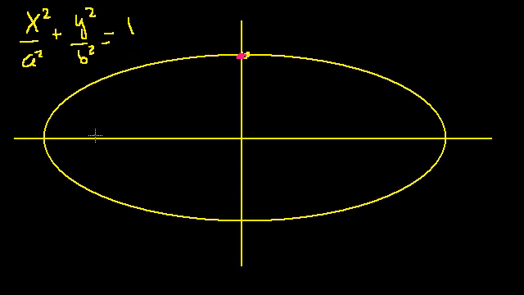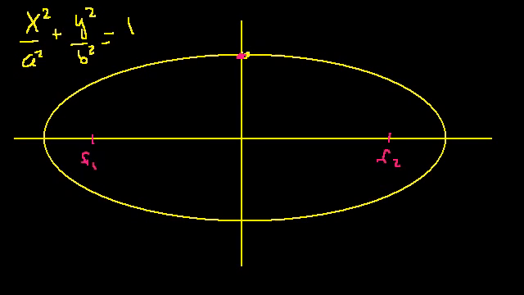Now we said that we have these 2 foci that are symmetric around the center of the ellipse, right? This is F1, this is F2. And we've already said that an ellipse is the locus of all points, or the set of all points, that if you take each of these points' distance from each of the focuses and add them up, you get a constant number. And we figured out that constant number is 2A.